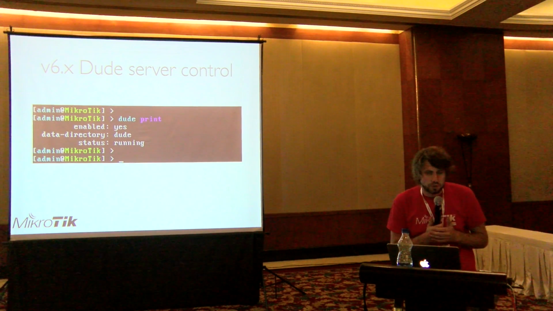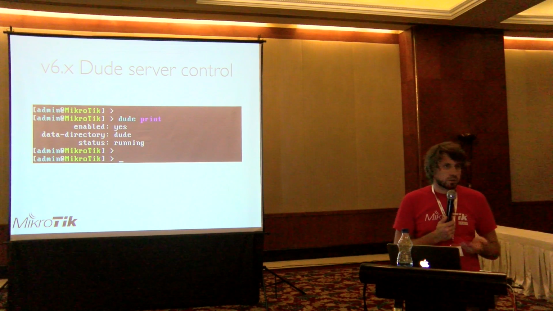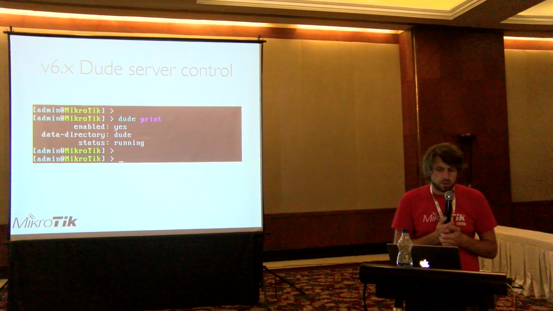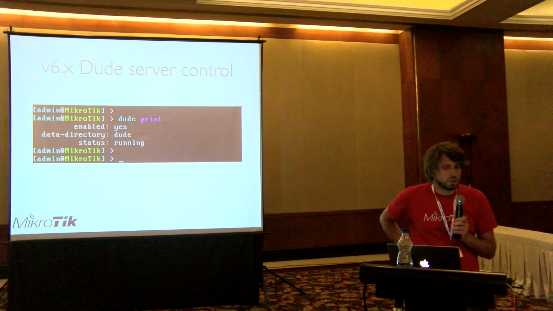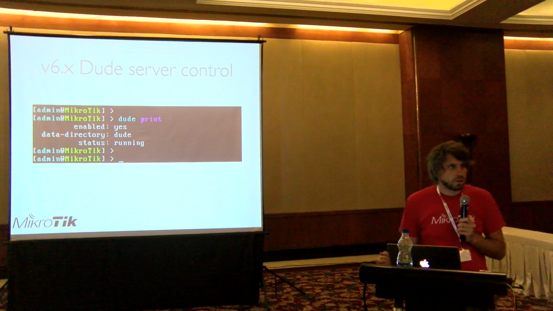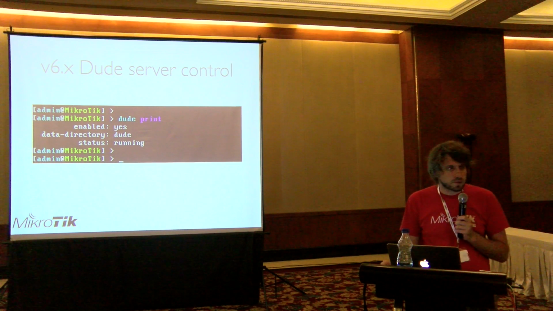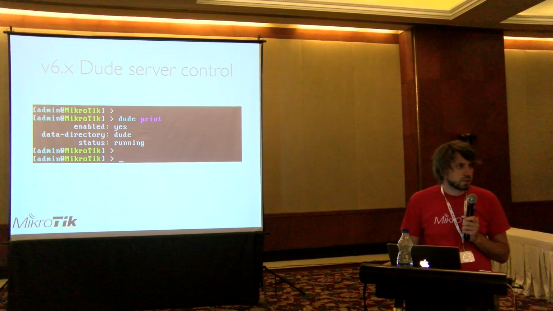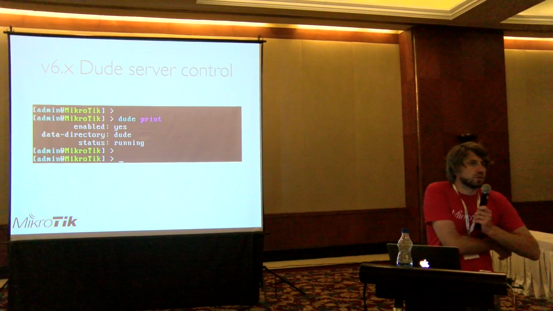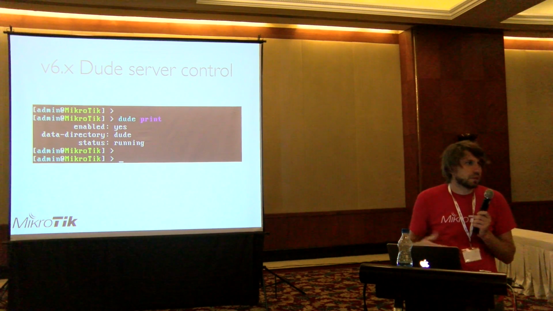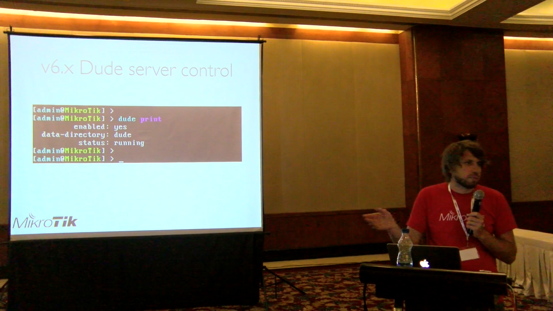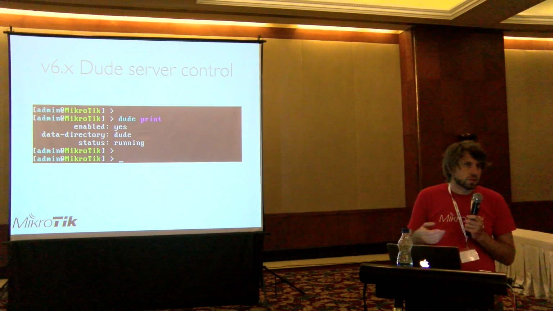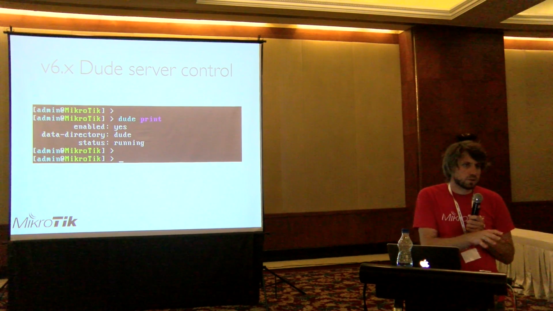The next thing that is changed is the way you control the server. So there is a RouterOS command, the folder dude, where you can enable the Dude. You can specify the data directory, so the place where you store all Dude files. If it is an external disk, you specify the external disk folder. You can specify a different folder just to make sure where all your Dude data is stored.